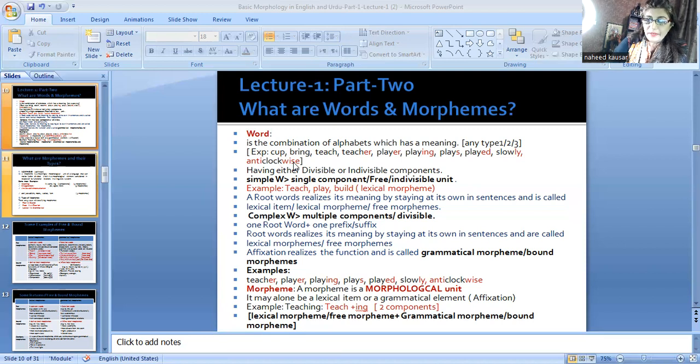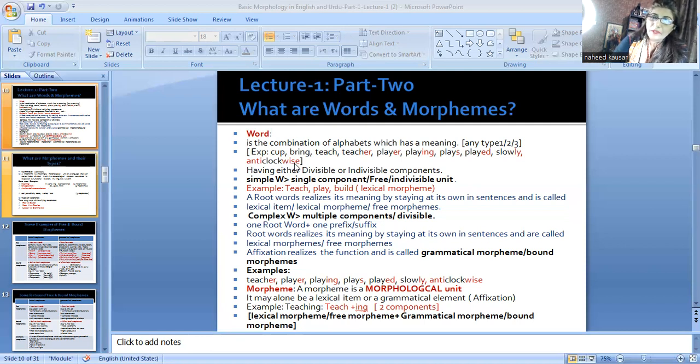They're all combined together. Anti is placed at the beginning of the word clock, while wise is placed at the end. Here the word clock is the stem or root word, where one prefix, anti, is attached and wise is attached as the suffix.